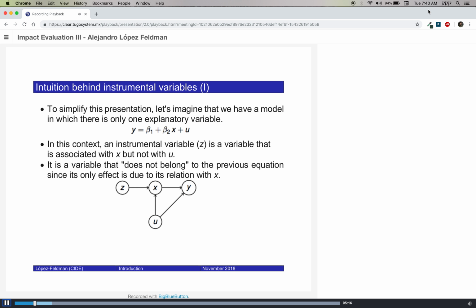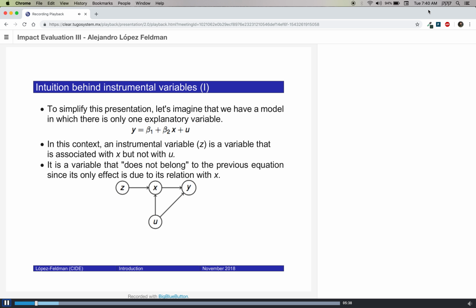We are going to talk about the different assumptions and the logic and how we achieve a good instrument. So before we explain how the instrument works and why it works, we are going to talk about the different characteristics of the instrumental variable.